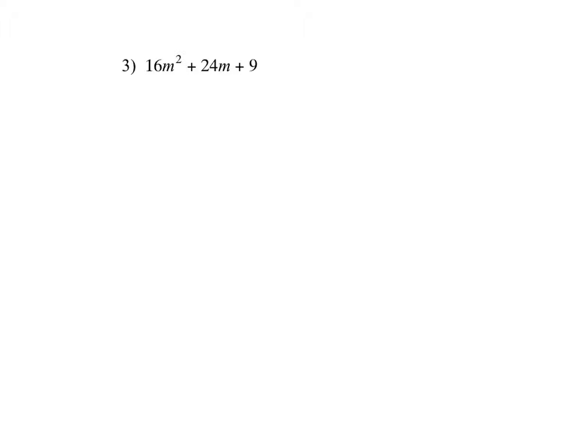Okay, so my next one is called a perfect square trinomial, right? And there's a couple of things that we need to check to find out if it's a perfect square trinomial.